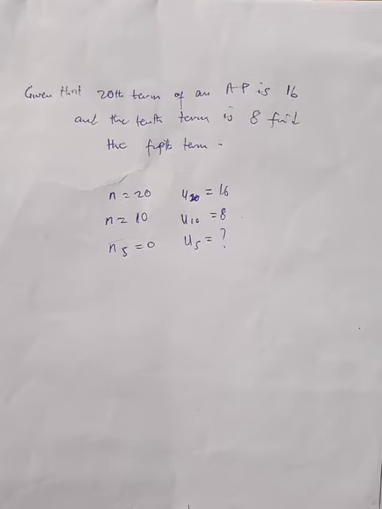If in the question they indicate that find a, d, and the 5th term, then you need to use that method. But if they don't, and they go straight to say find u of 5 or the 5th term, then in order to save time, you need to go by the method I'm going to show you.